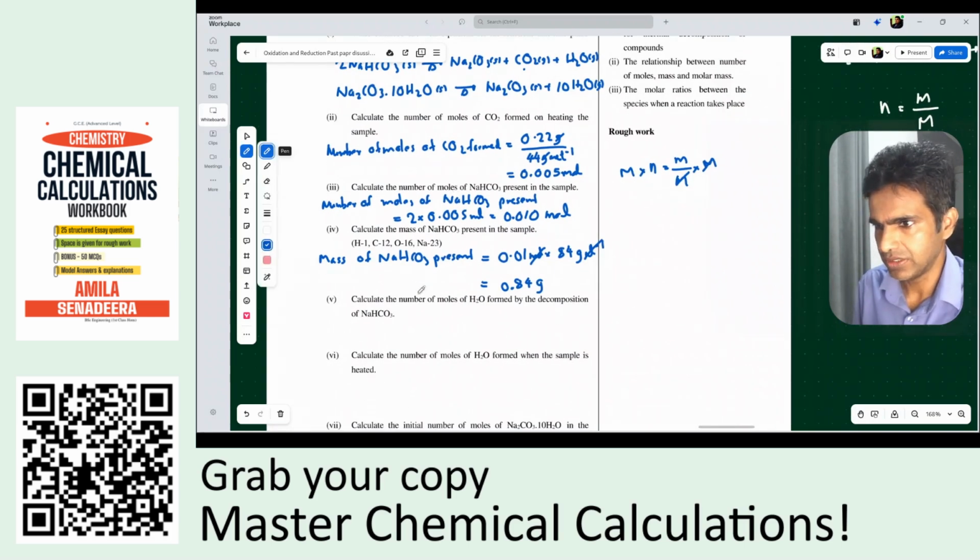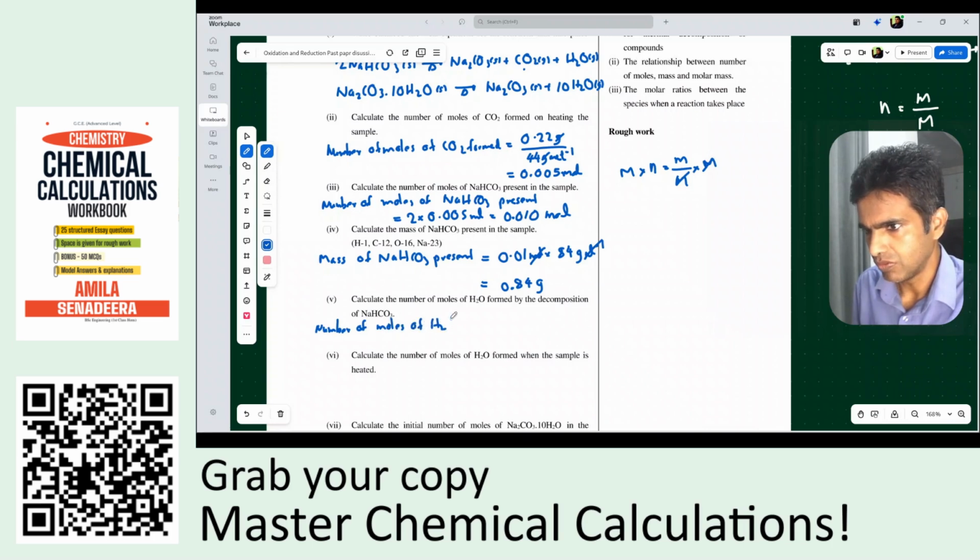So we can write number of moles of water vapor formed by decomposition of sodium bicarbonate.